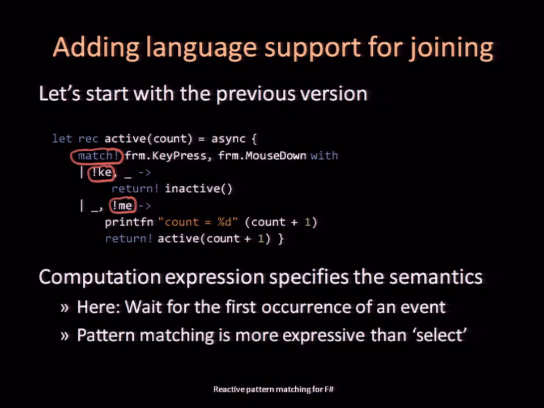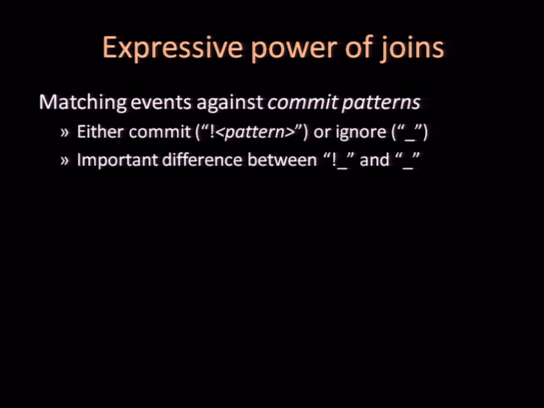So the meaning of the match bang primitive is done in exactly the same way as the meaning of let bang. So the author of the computation expression specifies what that means, which means that it's a general language feature. In this case, it means wait for the first event that matches the pattern. But an interesting point is that it's more expressive than just selecting between 2 events.